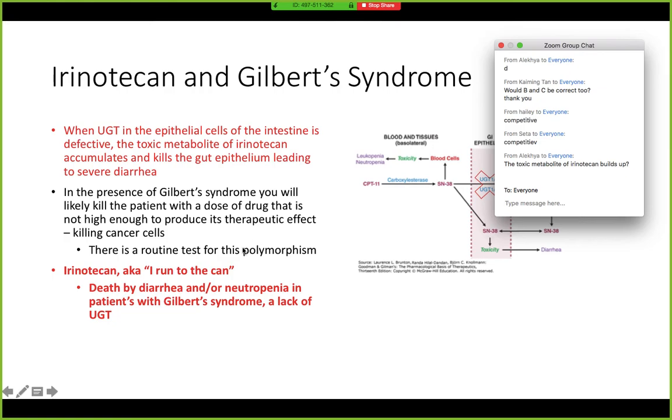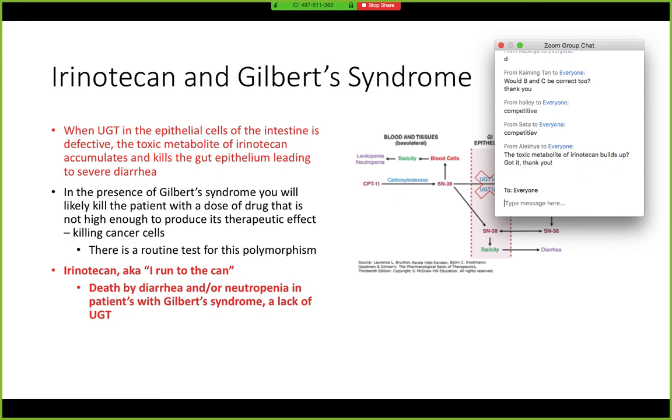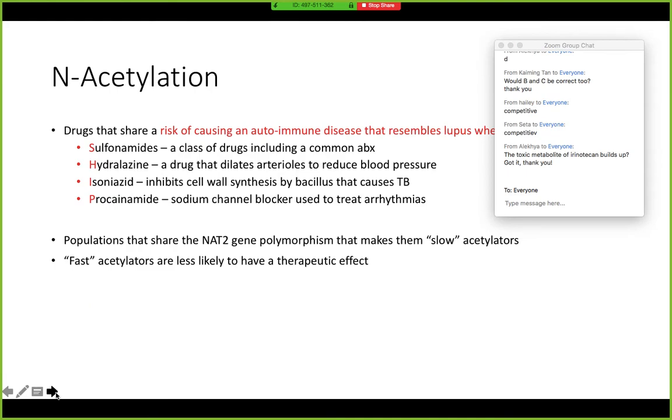This leads to very severe diarrhea, which is going to precipitate, of course, dehydration and all sorts of electrolyte abnormalities. But as long as you understand the pathophys to the point of just what's on this slide, you're going to be completely fine. Okay.